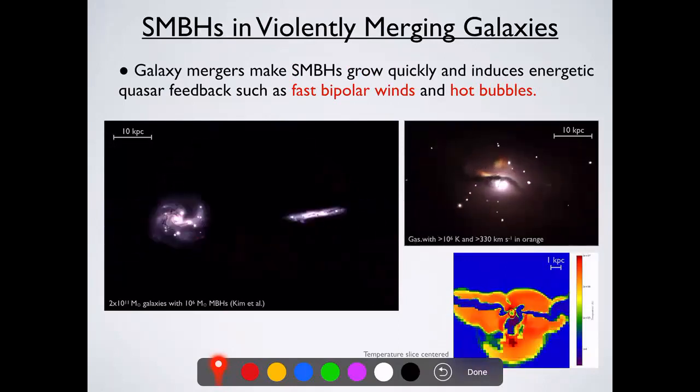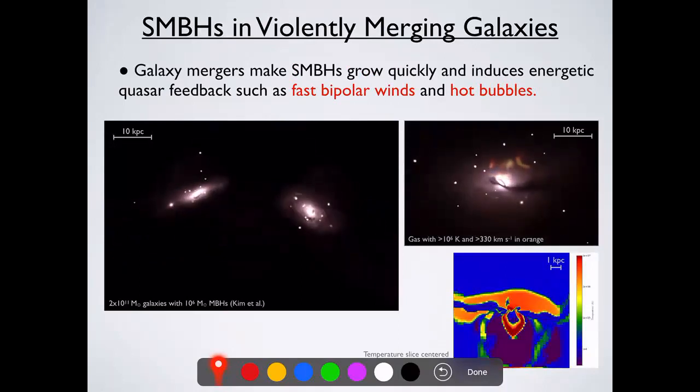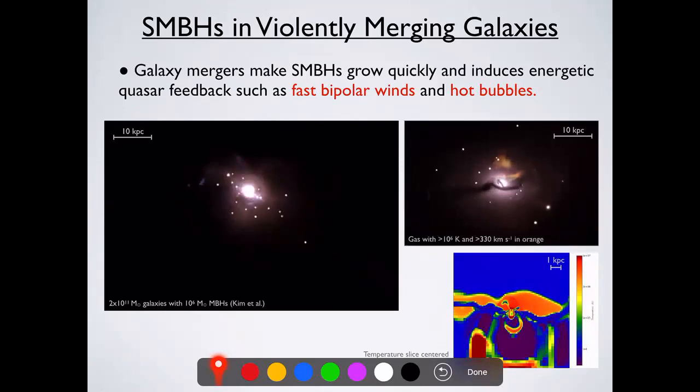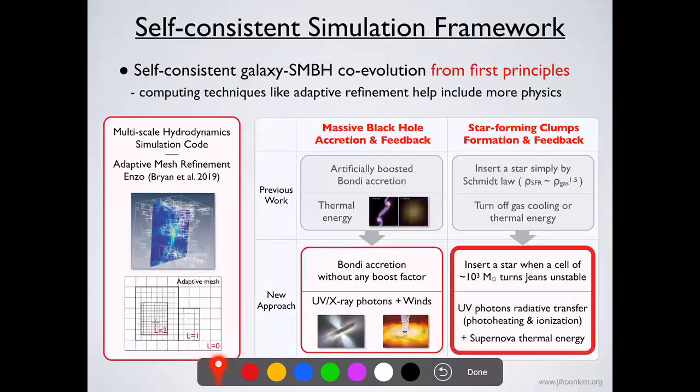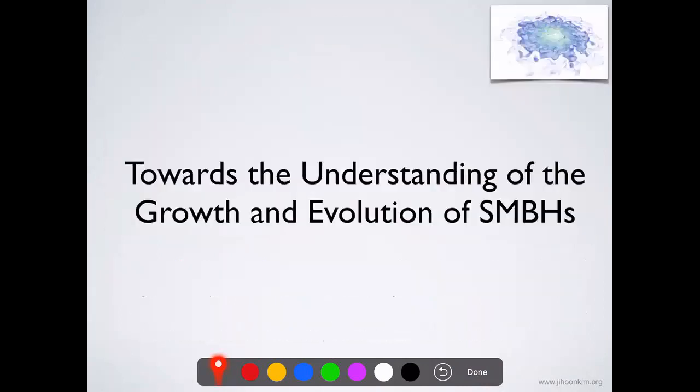And it makes this giant outflow, as you can see in the picture at the bottom right. And also, in my tools, I included the radiation from the newly born stars that are right next to the supermassive black holes, another feedback source, not just the radiation from the black hole, but the radiation from the stars existing near the supermassive black holes.